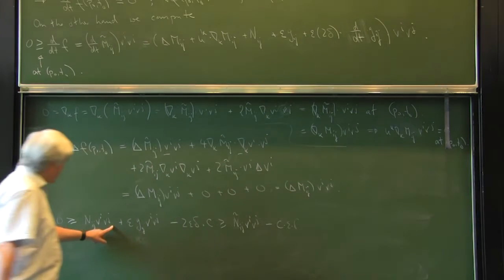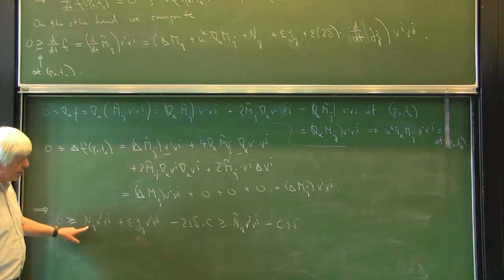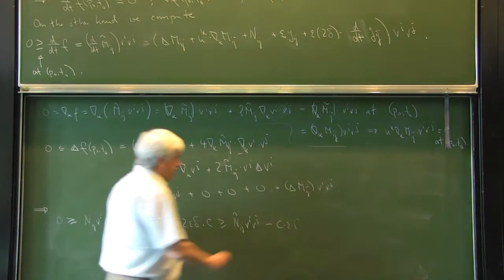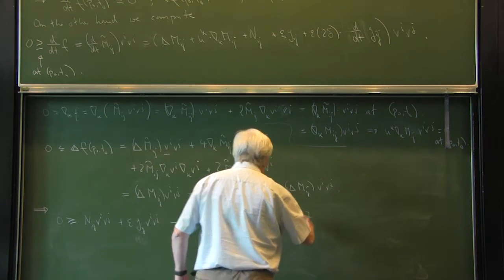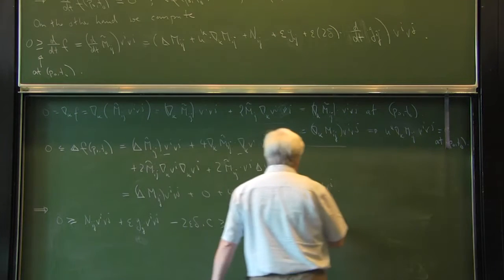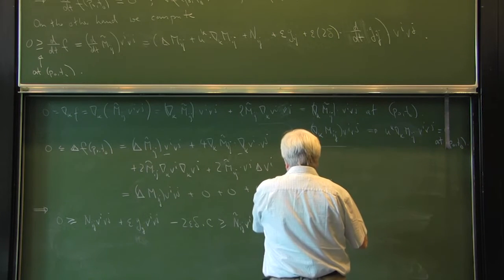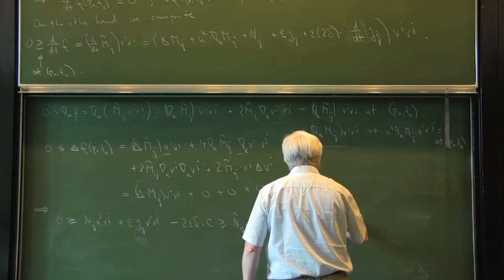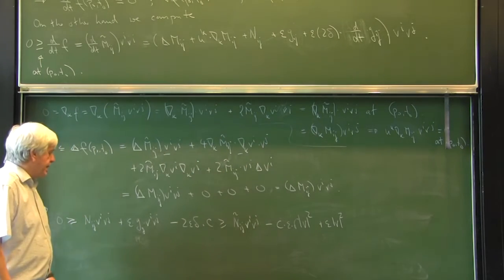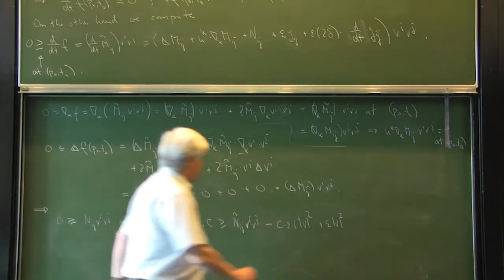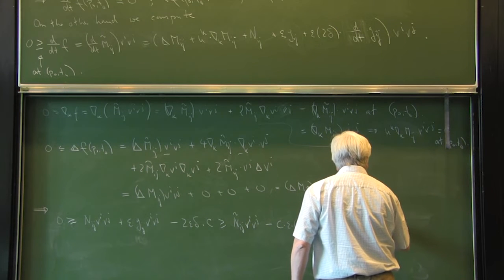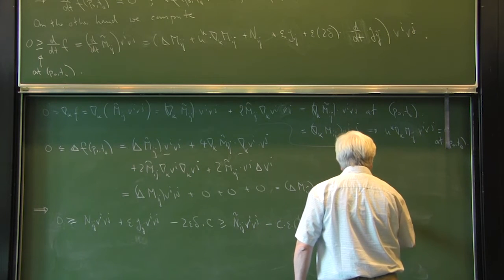This comes from the difference between n and n tilde times v squared, of course. And then from here comes our good term plus epsilon times v squared. And from here we get another term which looks like minus constant times epsilon times delta times v squared.